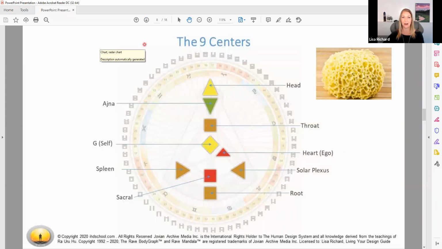But we're just focusing on those three main components. So today in this webinar, we're looking at the 9 centers, and really all we're doing is taking a look at which ones you have colored in and which ones you have white. For anything that you have in that white, I want you to consider that as a sponge. If you were to take a sponge and start cleaning your environment, you would be picking up all sorts of different things. Over time, that sponge would be getting heavier and heavier and heavier, and it would have this accumulation of gunk within your body.